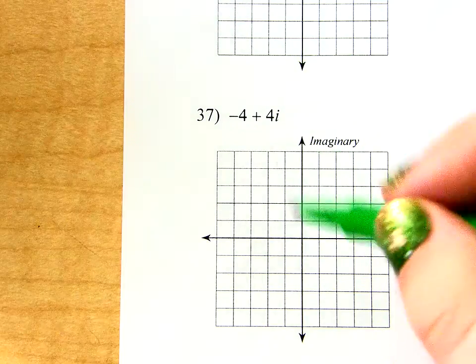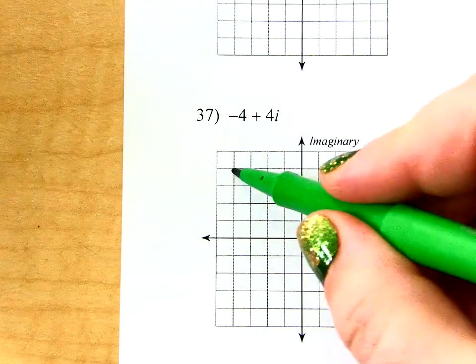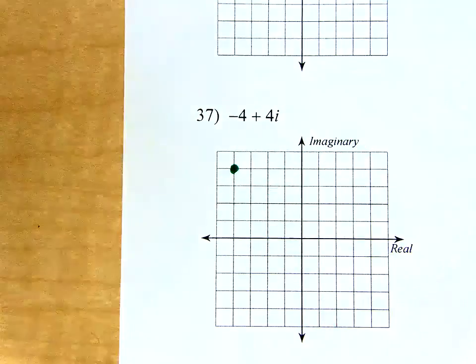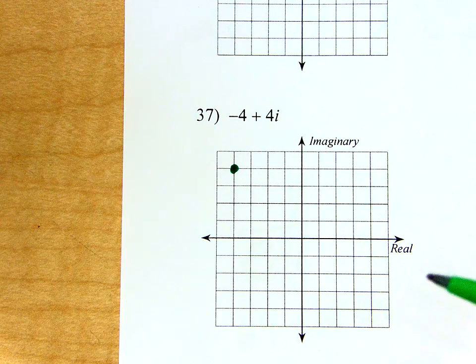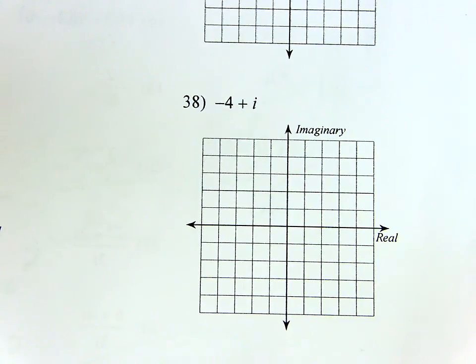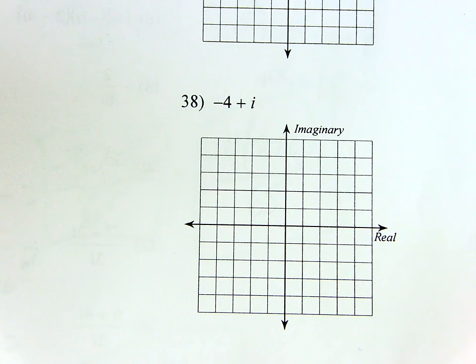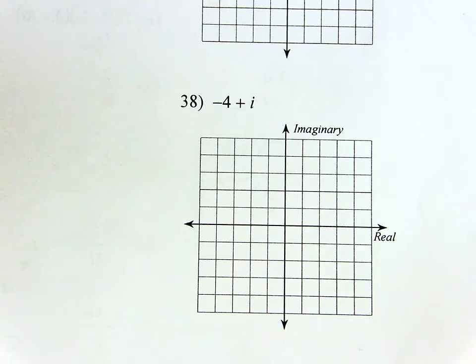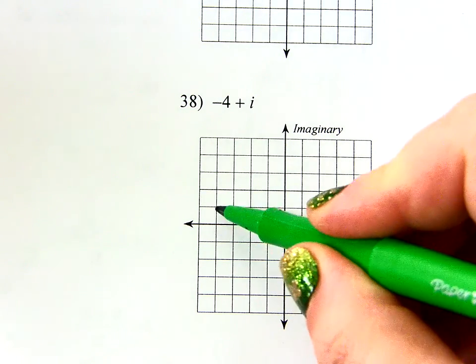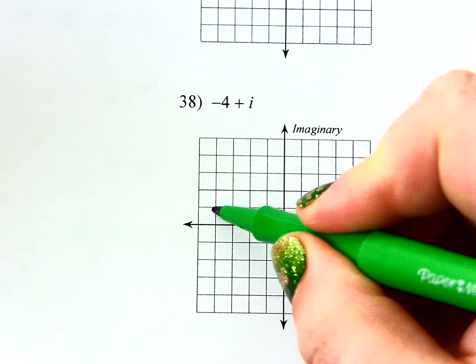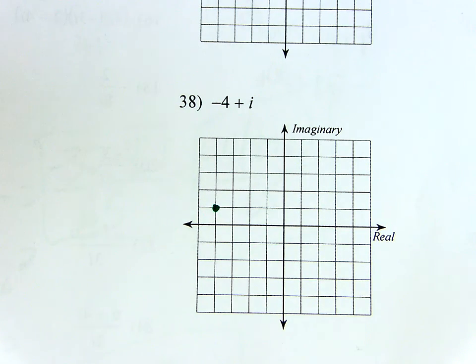I hope you put a dot. There. Oh, good. Negative 4 on the real, positive 4 in the imaginary. And then, what's this one going to be? Over to the left 4, up 1. Yeah, because that's just a 1i, right? So, negative 4, up 1.